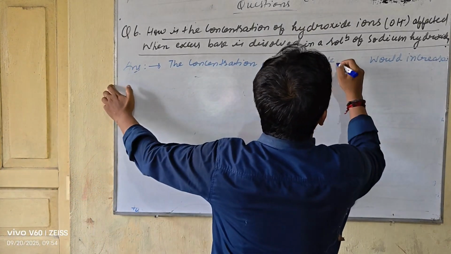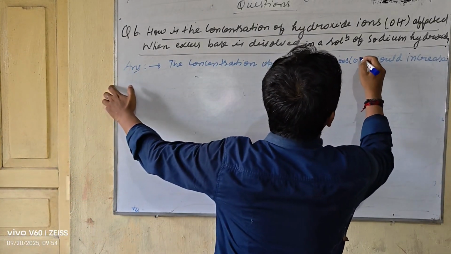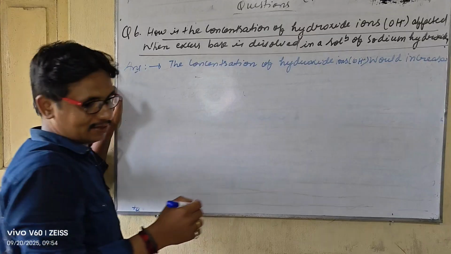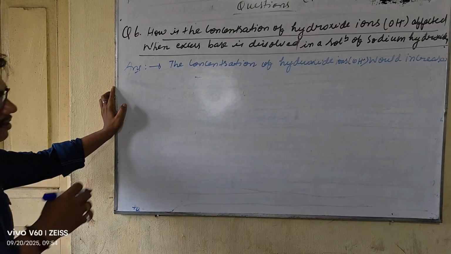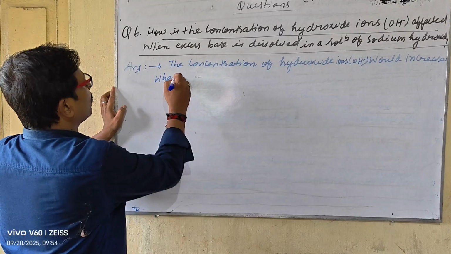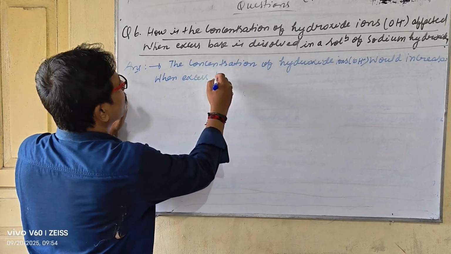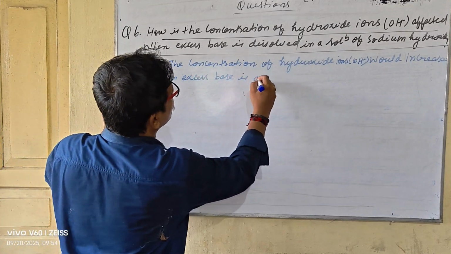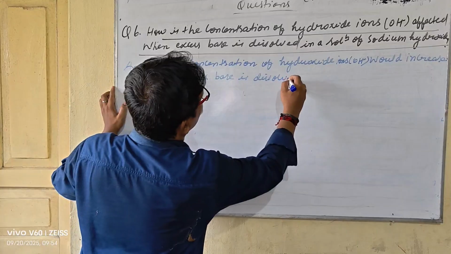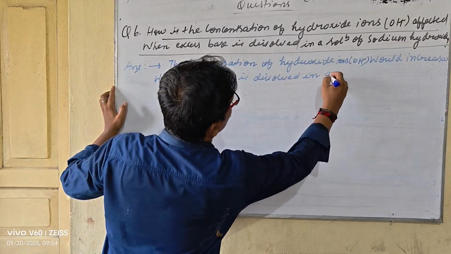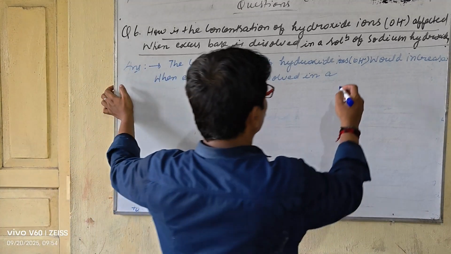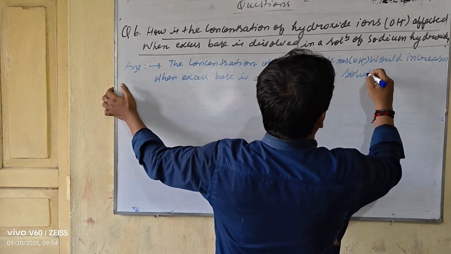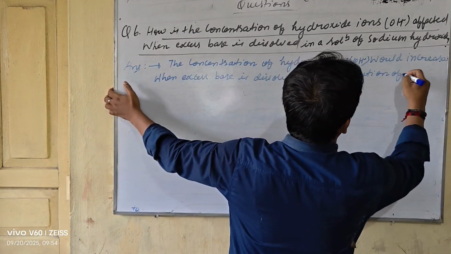It means OH minus ions would increase when excess base is dissolved in a solution of sodium hydroxide.